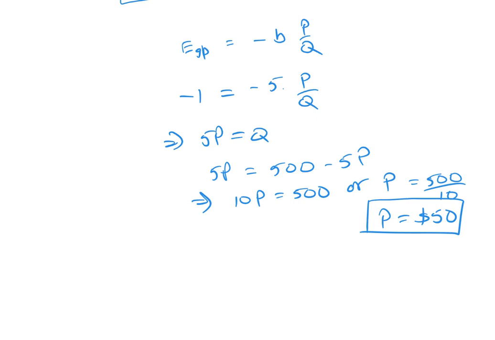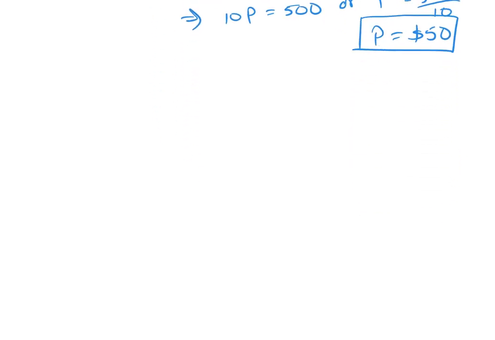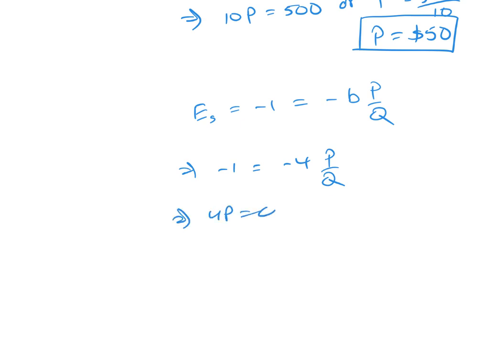So what is the price for students? We can apply the same logic. Students' revenue will be maximized when elasticity of demand equals -1, which is minus b over 4q of our student demand curve. So which implies -1 equals minus 4p over q. And this gives us that 4p equals q. Which q? Well, this is where we plug in the demand curve for students, which we had said was 200 minus 4p.